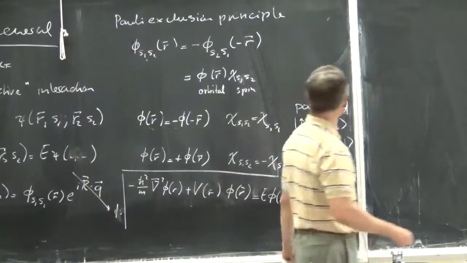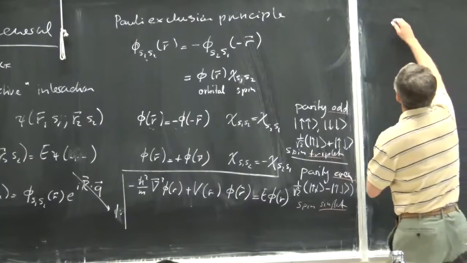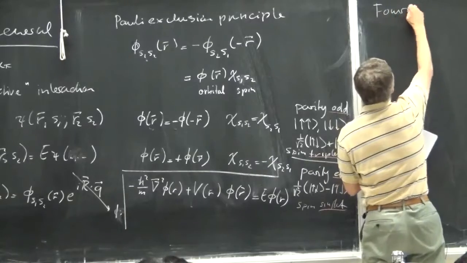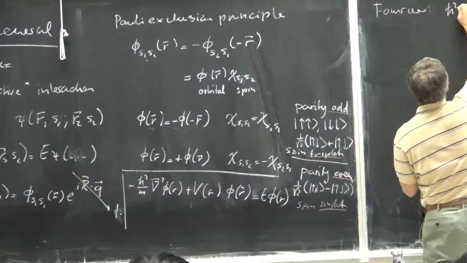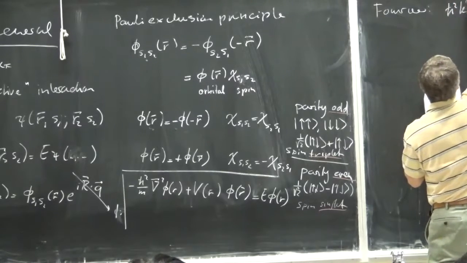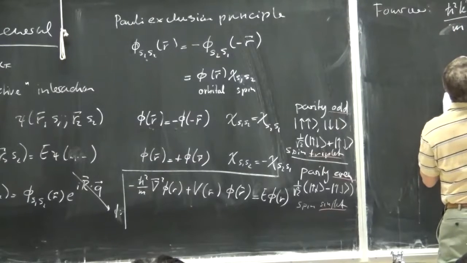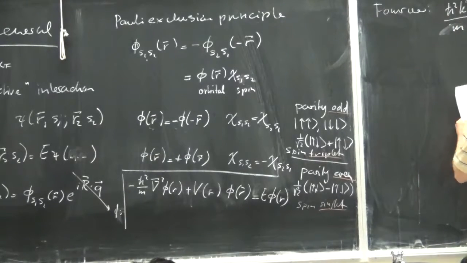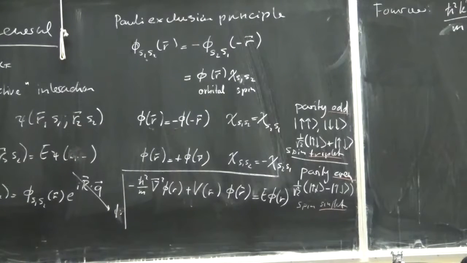Now what we usually do is we Fourier transform that. And so the Fourier transforms you can find in the notes. And so I just write in K space, we rewrite this equation and it becomes a little bit simpler.